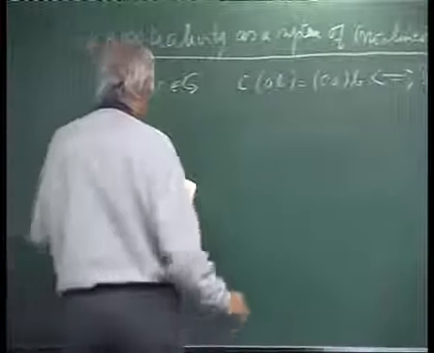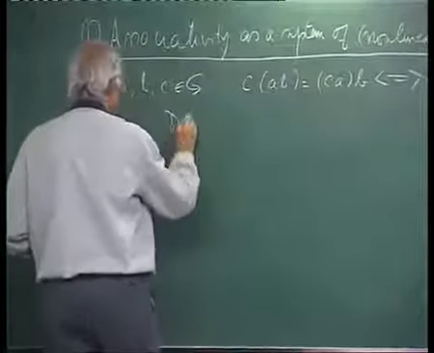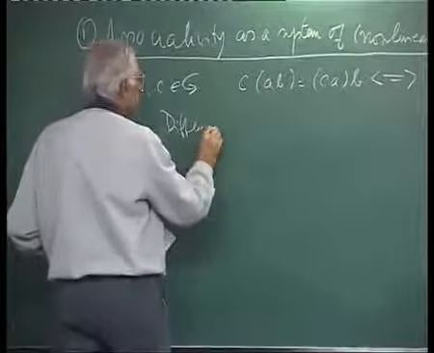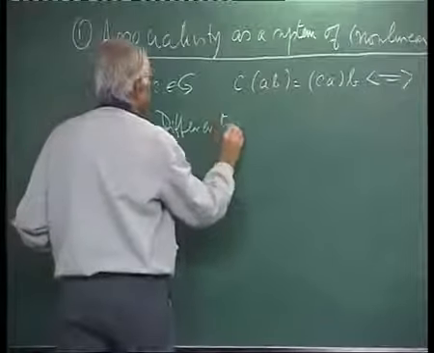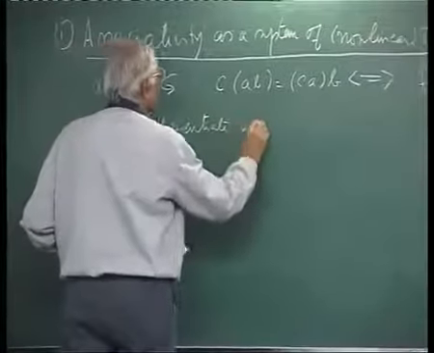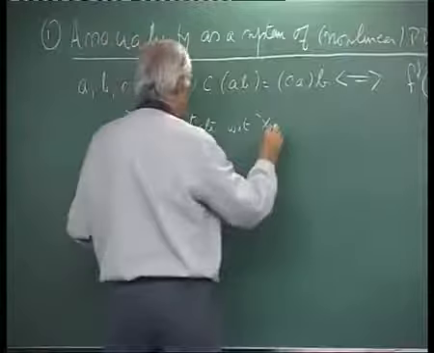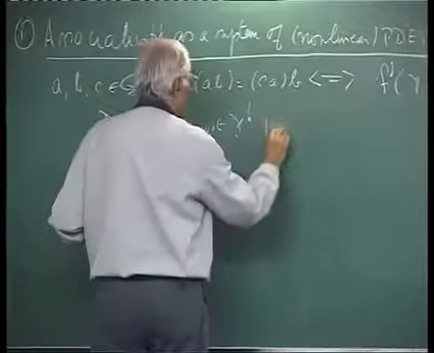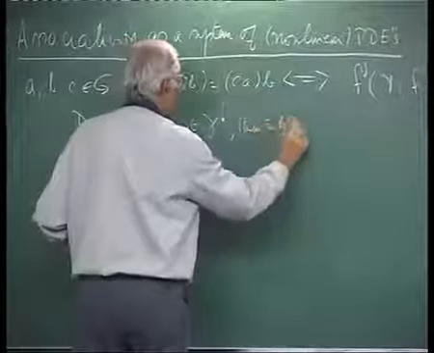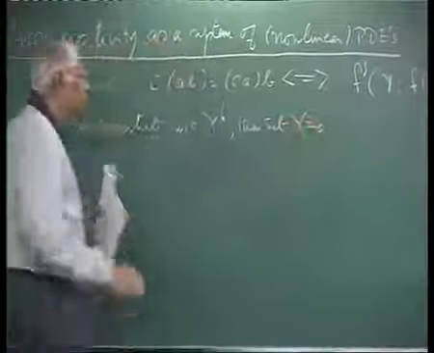I say the following. Differentiate both sides with respect to gamma k, then set gamma equal to 0.